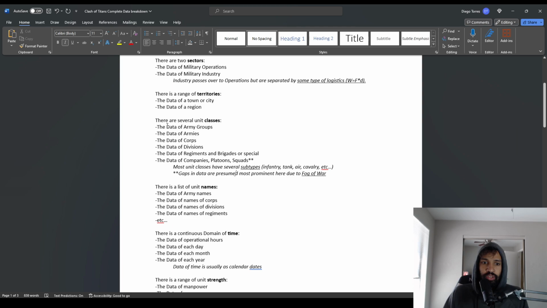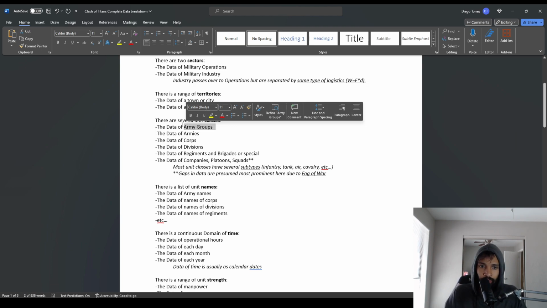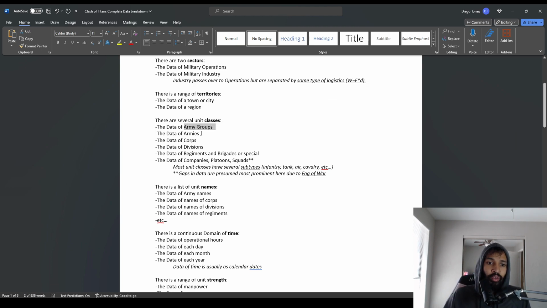And so I pretty much did the general classes over here. We have army groups at the top, which, as the name suggests, are clusters of armies. Then you have armies themselves. Armies are comprised of clusters of corps. Each individual corps is comprised of clusters of divisions. Divisions are usually comprised of some cluster of regiments, brigades, etc., depending on the type of division, whether it's a panzer division, an infantry division, even a cavalry division or motorized division.